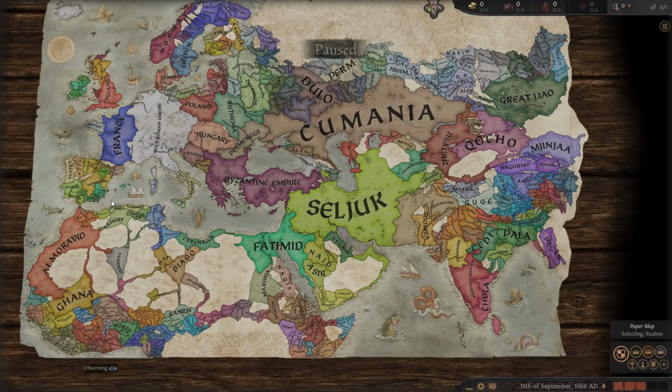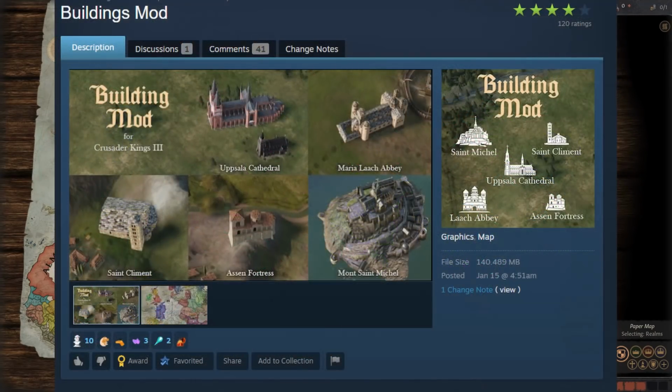Now, before I leave you today, I want to talk about a few mods you can do that add a little bit of interest and intrigue in terms of buildings. So first we're going to talk about the Buildings mod. What this one does is it adds new special buildings together with models to the game.